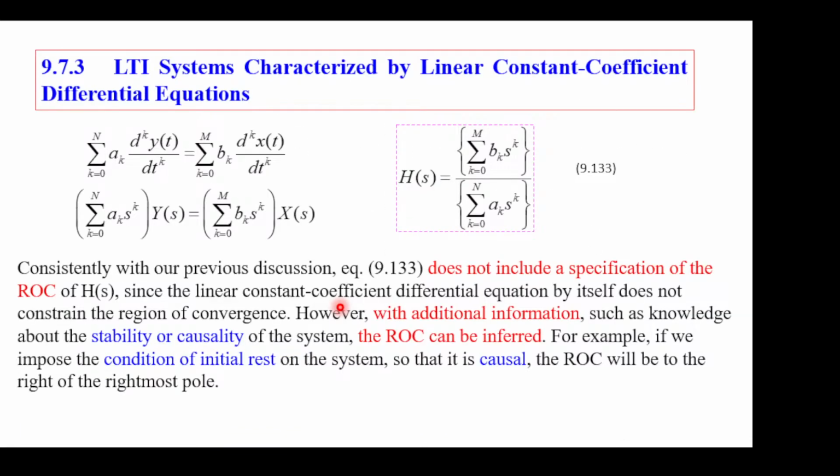Yeah. For example, if we want, like in chapter 4, the initial rest, then it should be causal, and so you should pick the rightmost ROC.